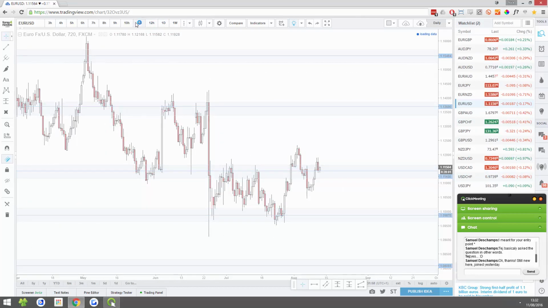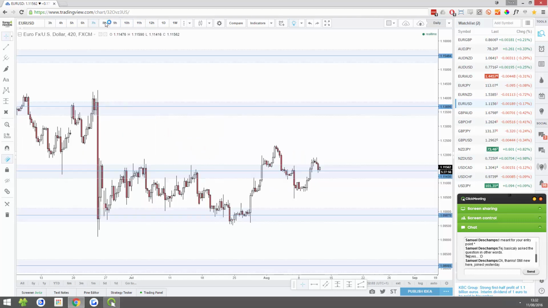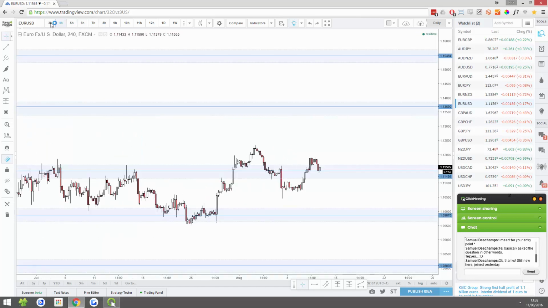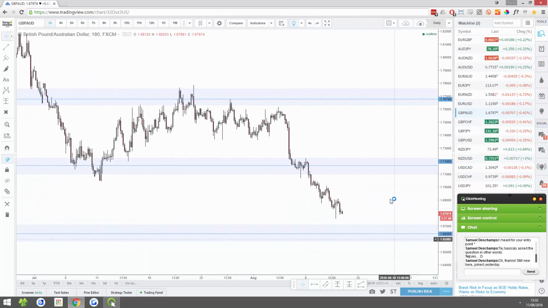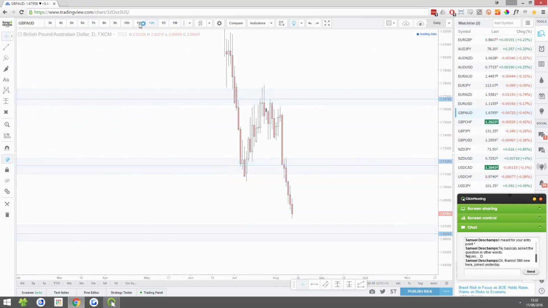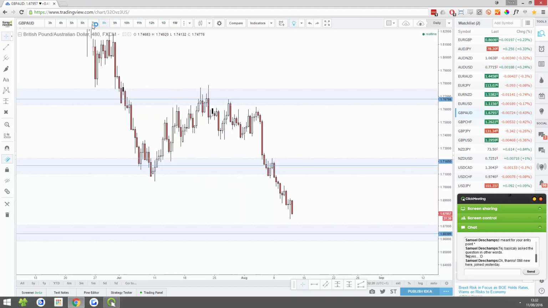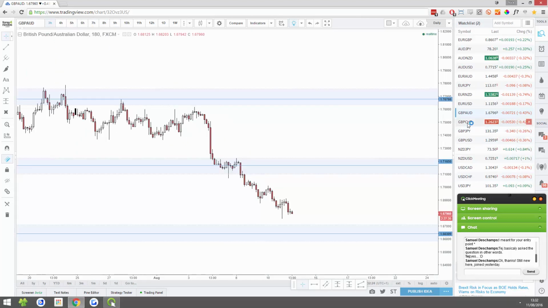Yeah, Euro USD, we're not going to get anything here. GBPAUD is heading down towards the support area, but it's still in between two support resistance areas, so we're not really going to see anything here. So the only thing we've seen so far that I would actually consider trading is Euro GBP.